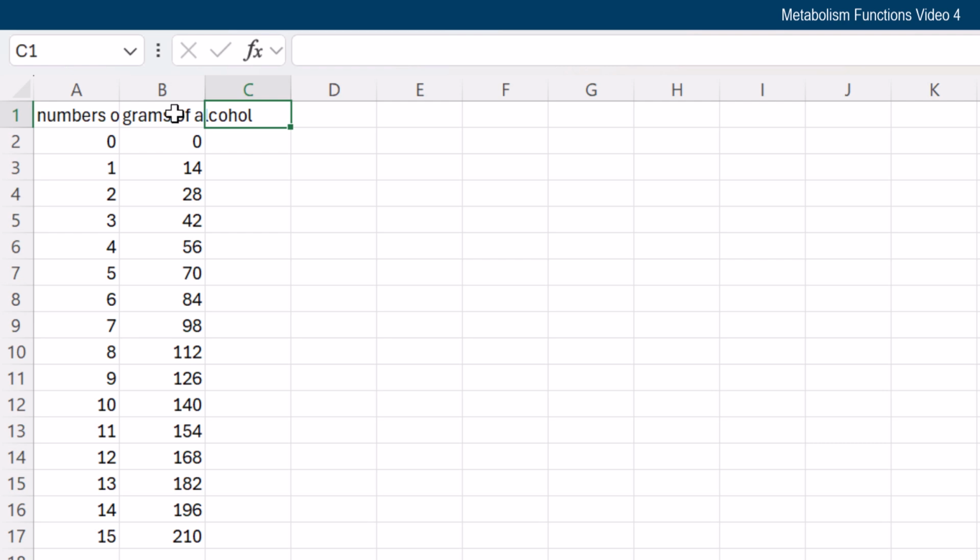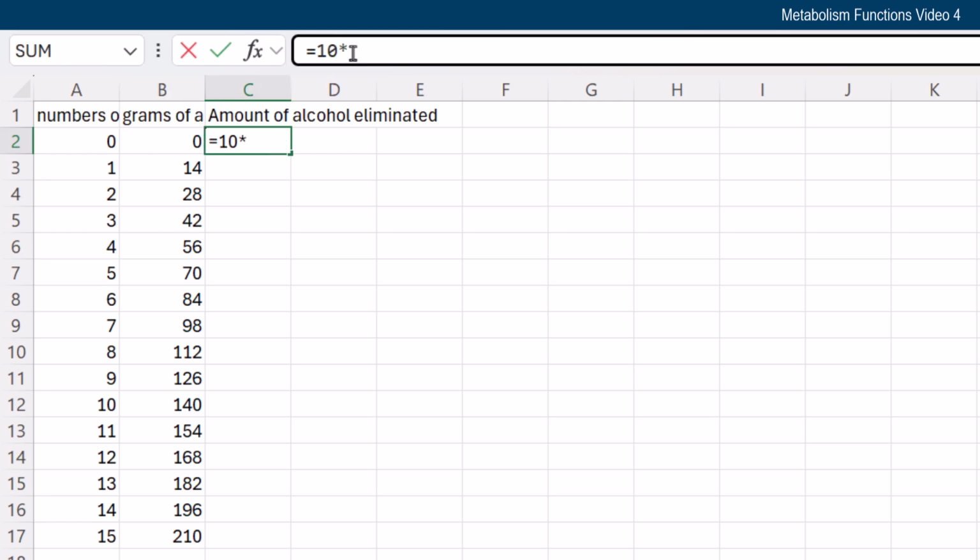And then the last column, we're going to do the amount of alcohol eliminated. So this is that formula that we've just been working on. Okay, so we're going to do equals 10 times the grams of alcohol. So I'm going to click on the cell that represents the grams. Oops, and I forgot, we should put a multiplication symbol here.